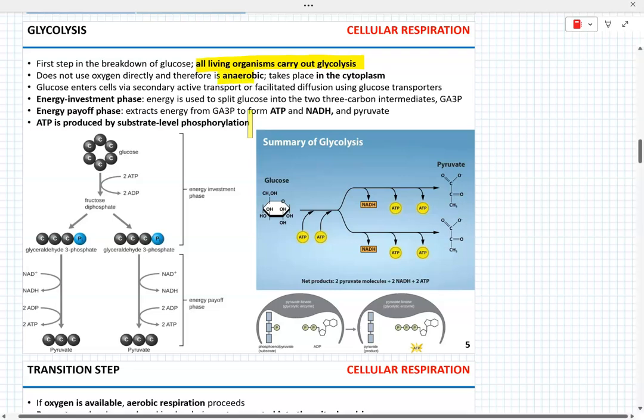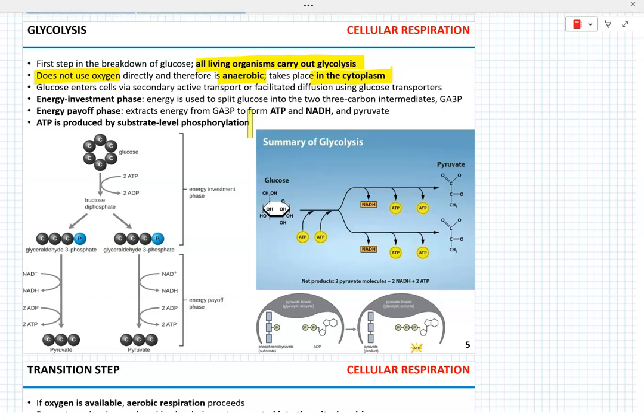Glycolysis is anaerobic. It always takes place in the cytoplasm, whether it is a prokaryotic or eukaryotic cell. Glycolysis is anaerobic since it does not use oxygen directly. It does not require oxygen for it to happen.